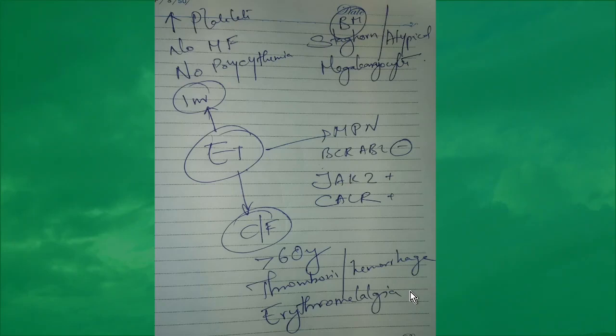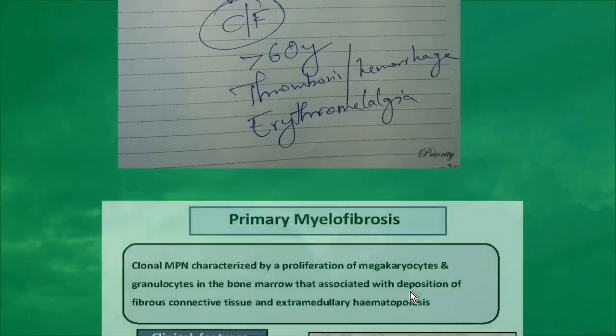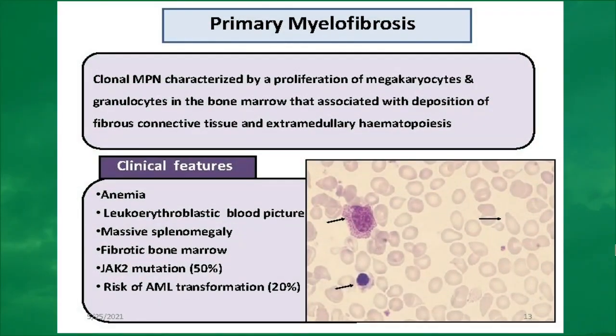Bone marrow will show staghorn or large atypical megakaryocytes, and peripheral blood can show thrombocytosis with giant platelets. Primary myelofibrosis. Any of these previous myeloproliferative neoplasms like CML, PV, ET, etc., all of them can go into myelofibrosis.